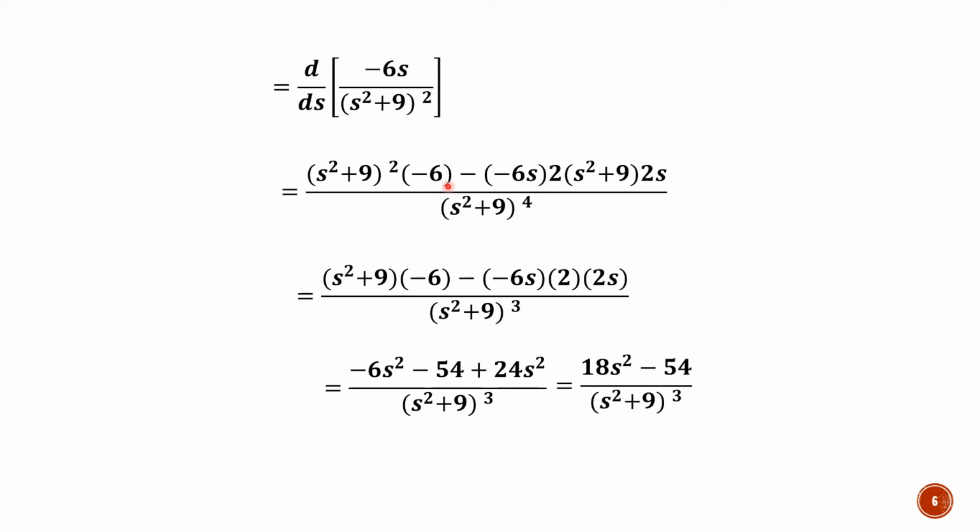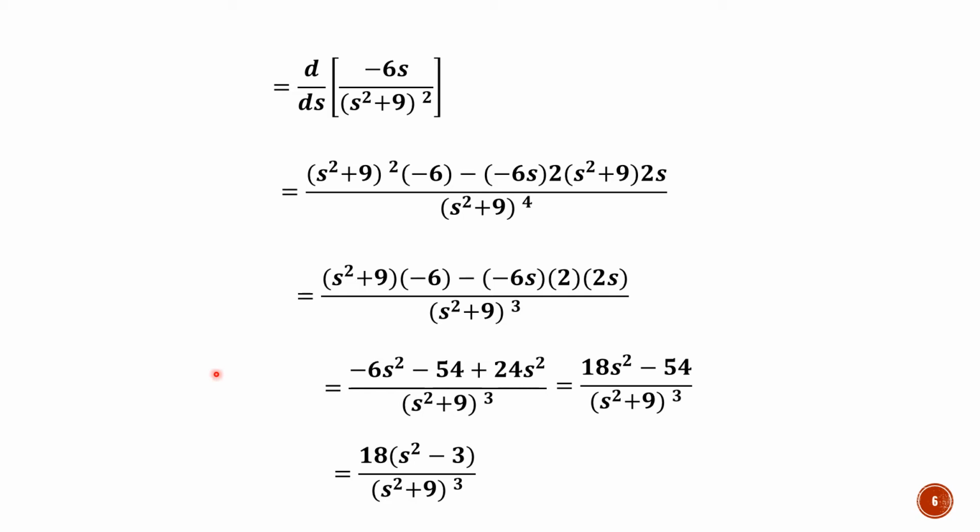We can simplify further. 24s square minus 6s square will become 18s square minus 54 upon s square plus 9 the whole cube. We can simplify further by taking 18 common in the numerator. So we can write 18 into s square minus 3 upon s square plus 9 the whole cube. Okay, so the given question was L of t square sine 3t.